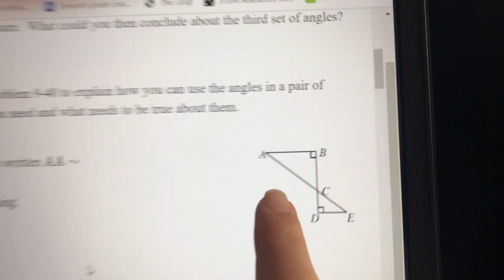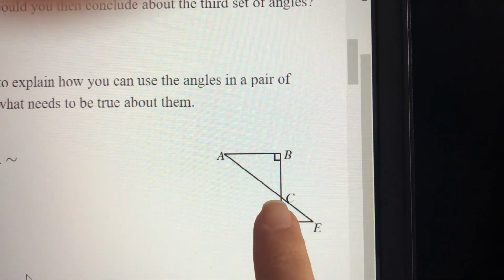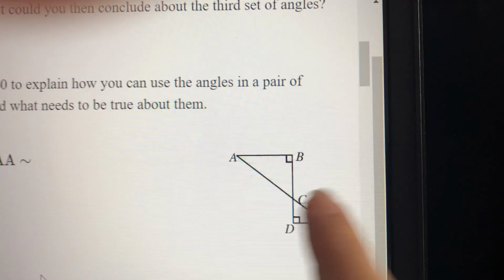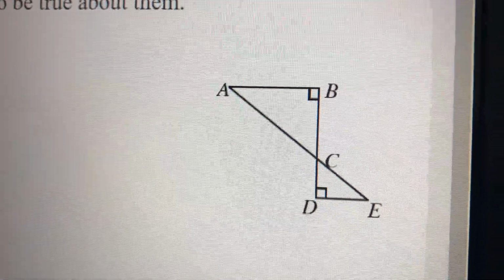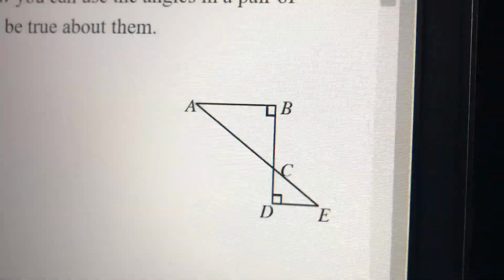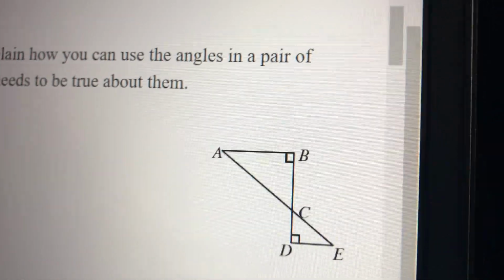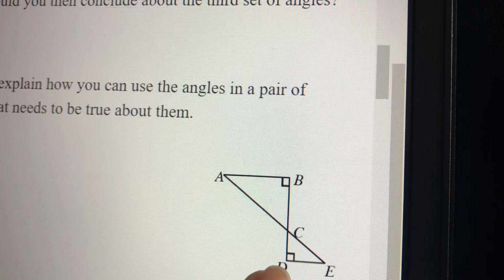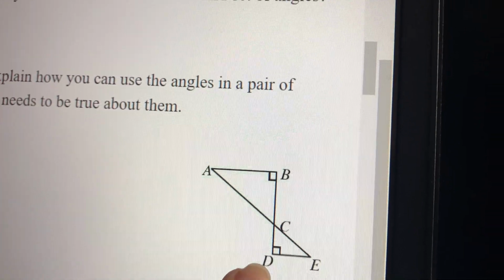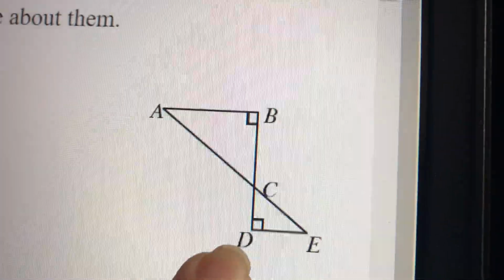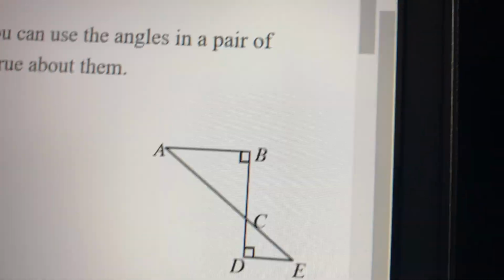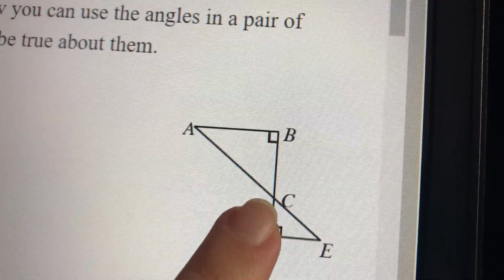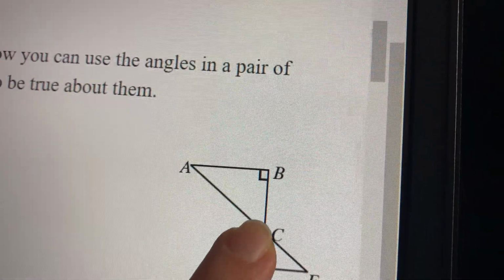So let's look at triangle ABC and EDC. We want to see if they're going to be similar. I'm looking at them and thinking, well, they both have a 90-degree angle, so that's one pair of corresponding angles that are equal. Is there another pair that we know have to be equal? Well, I see a vertical angle here and a vertical angle here.